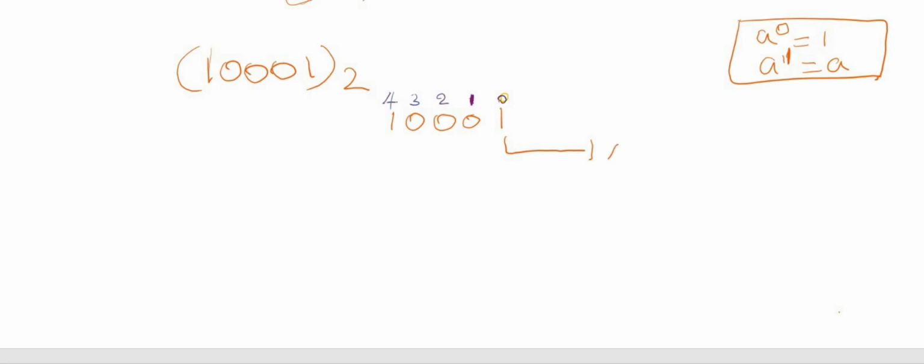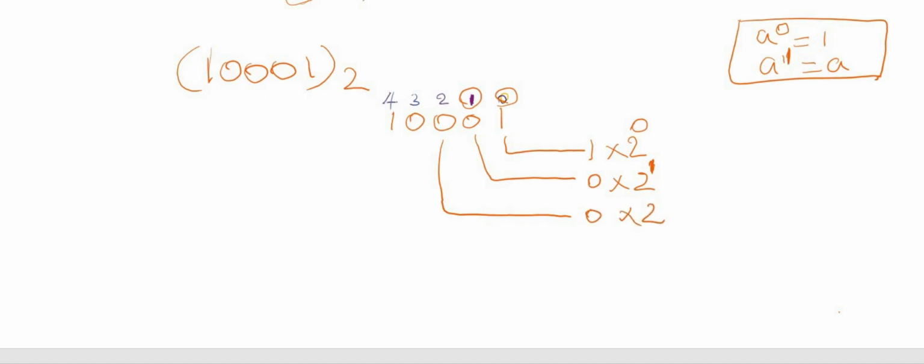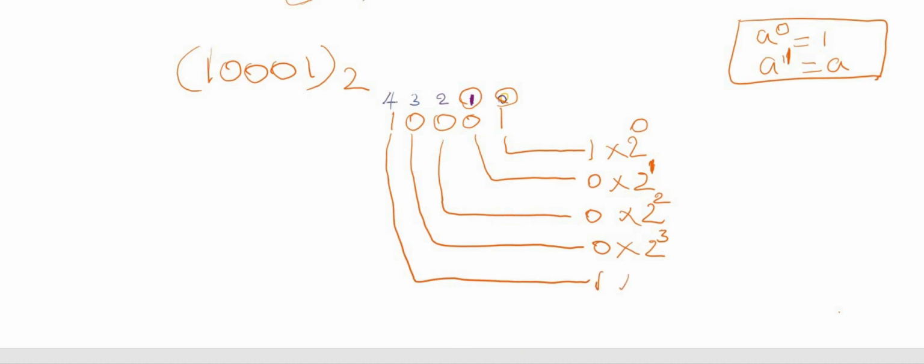So 1 into 2 raised to the position value 0. The second number, 0 into 2 raised to position value 1. Again 0 into 2 raised to 2. 0 into 2 raised to 3. Then the last one, 1 into 2 raised to 4.